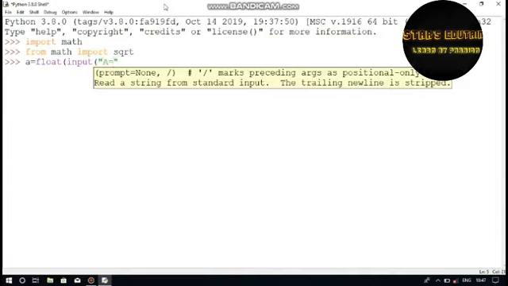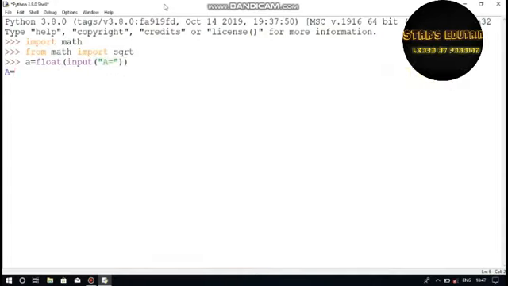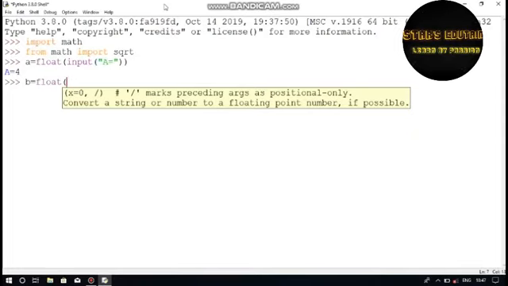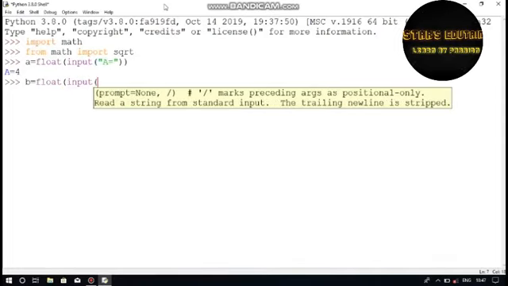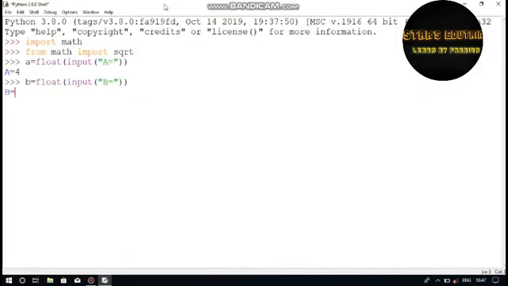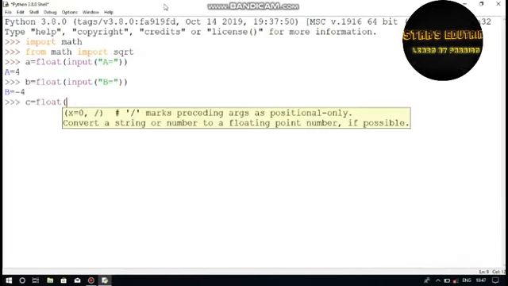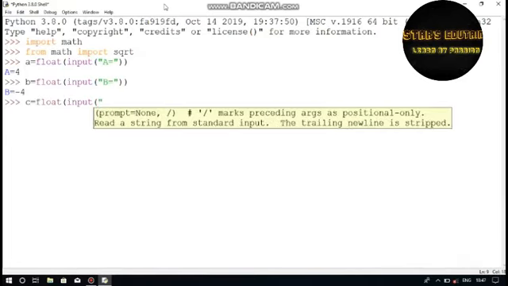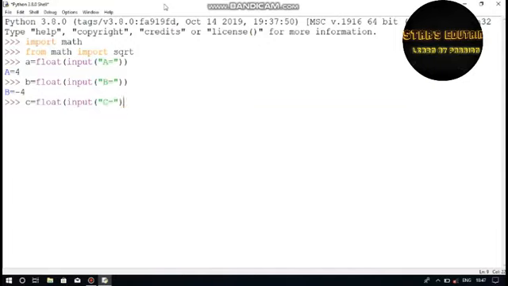As usual, I give a equals 4. In the same way, b equals float of input, with the text b equals, and I give b equals -4. In the same way, float of input, with the text c equals, and here I give c as -5.